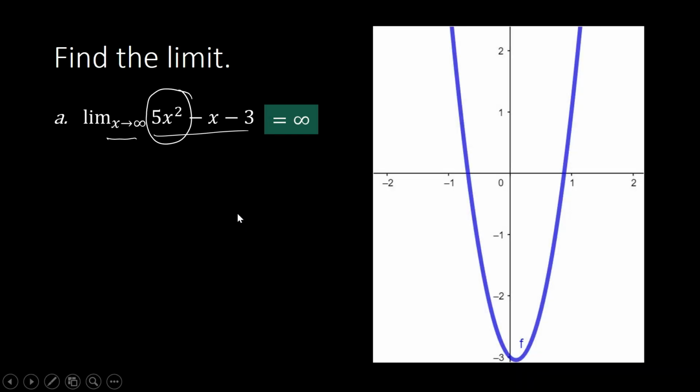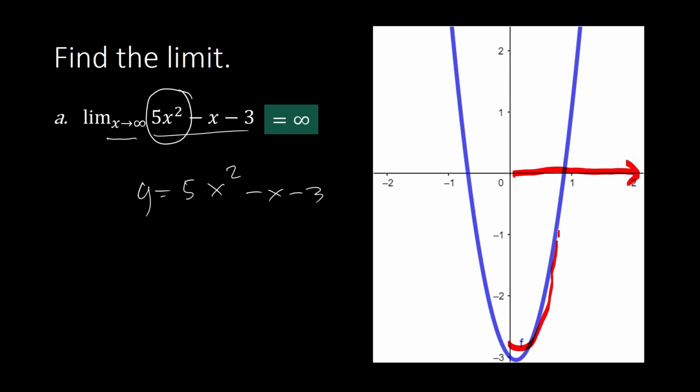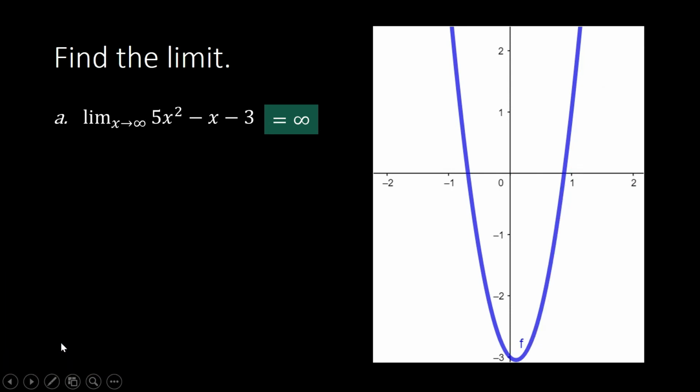So this is the graph of the function y is equal to 5 times x squared minus x minus 3. As x approaches infinity, our function goes to infinity. So this result is verified by our graph.